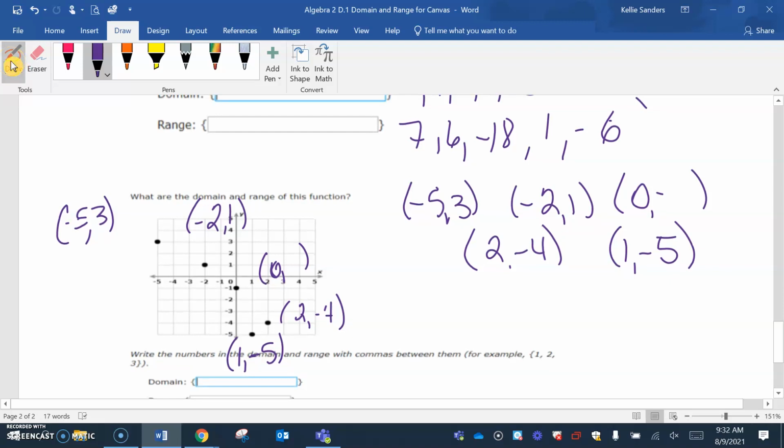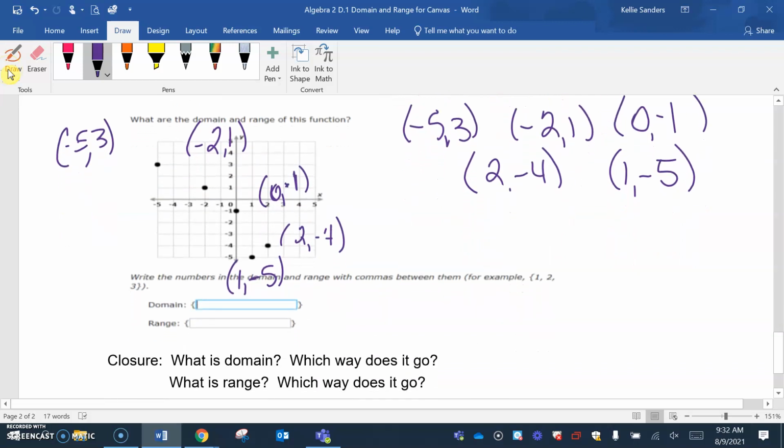Okay, so 0, negative 1, 2, negative 4, 1, negative 5. Just because I'm a teacher does not mean that I don't ever mess up. I mess up quite a bit. So if you ever catch something that I do not fix myself, let me know and we'll talk about it, and I might be able to give you some bonus points for it.